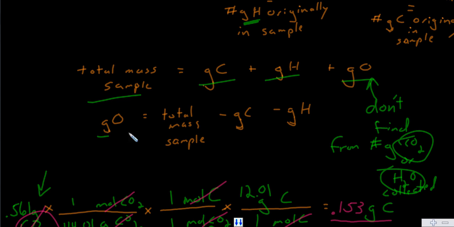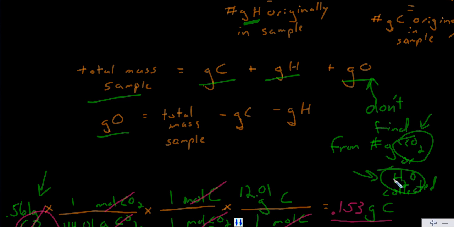The mass of the oxygen is equal to the total mass of the sample minus the grams of carbon in that sample minus the grams of hydrogen in that sample. And again, I just want to repeat because this is a common mistake: the number of grams of oxygen is not found from the number of grams of carbon dioxide collected or the number of grams of water collected.